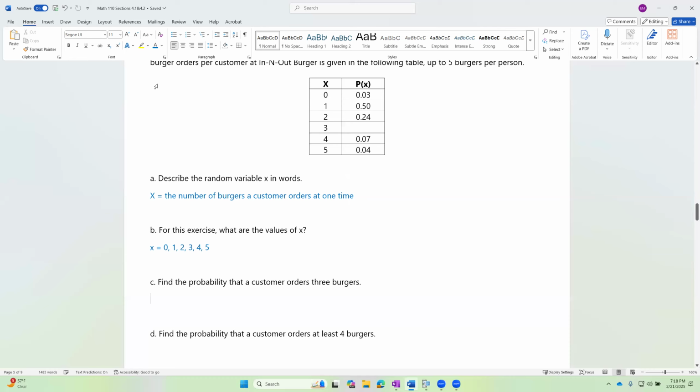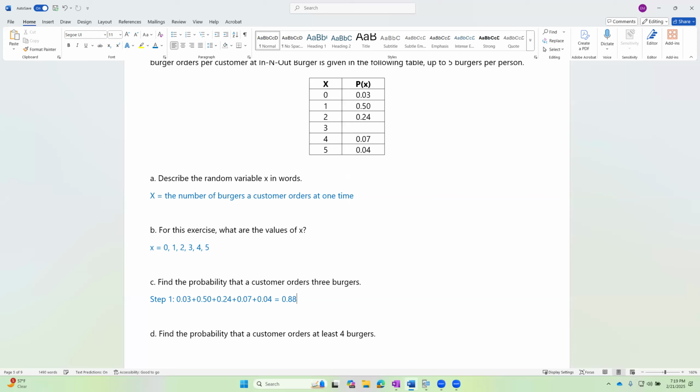Step 1, we're going to add up all those probabilities. So 0.03 plus 0.50 plus 0.24 plus 0.07 plus 0.04. And if we add all those up, what we should get is 0.88.